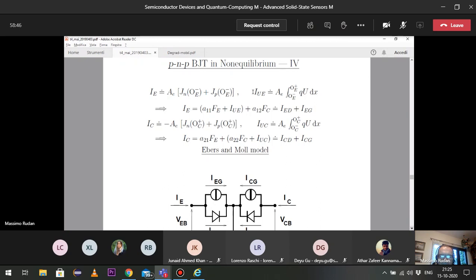If we now take the results of the calculation of the previous page, we find immediately that the emitter current can be expressed as A11 FE plus the recombination current plus again A12 FC. We shall see in a minute how to interpret this expression.